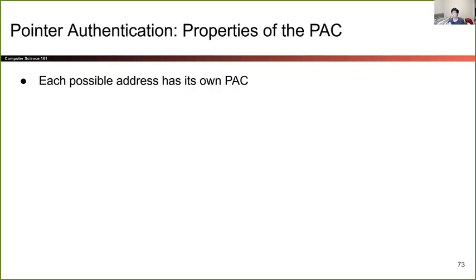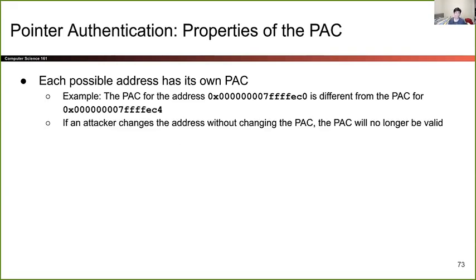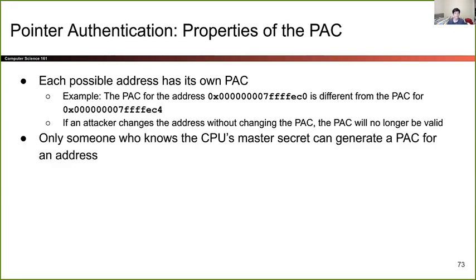So what do we want from this PAC? We want to make sure that if the address changes, then the PAC is no longer valid. So if we have this address here that ends in a 0 and this address here that ends in a 4, we want to make sure that those have completely different PAC values. We also want to make sure that no one can generate a PAC for an address.